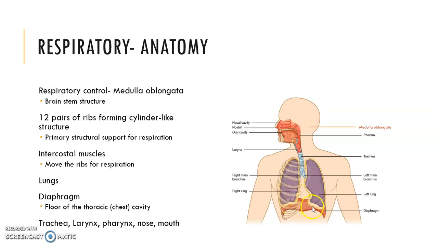And then we have the diaphragm at the bottom, and that also aids in that pressure change and is really one of the main anatomical parts for respiration. The passive structures for respiration are the trachea, the larynx, the pharynx, the nose, and the mouth.